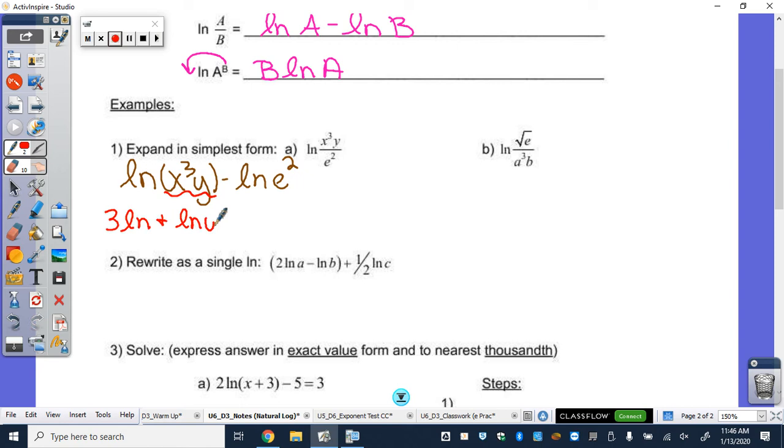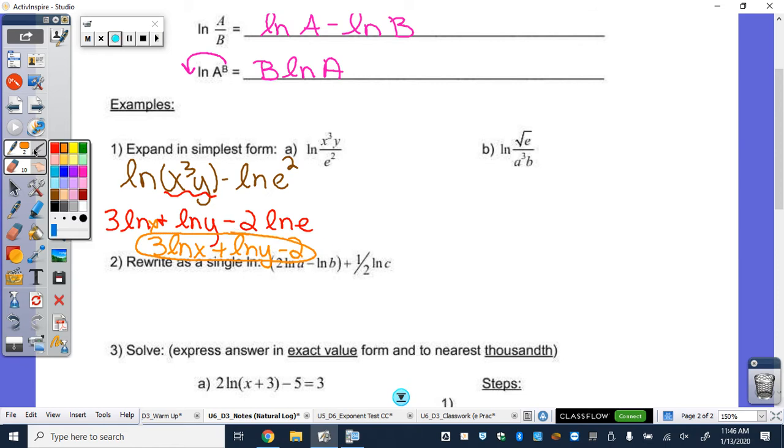Perfect. Minus 2 ln e. So then what do we say the ln of e reduces to? 1. So our final answer would actually be 3 ln of x plus the ln of y minus 2. That ln of e is going to show up a lot, so you got to remember to always reduce that down to the 1 if it's there.